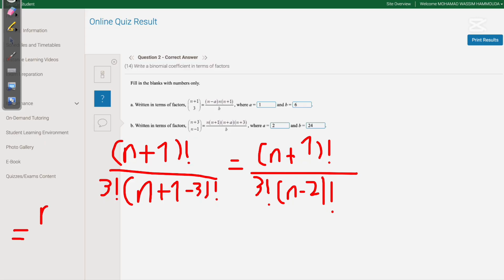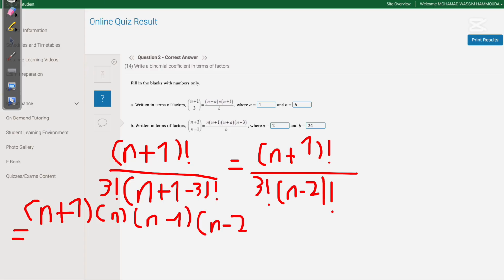So (n+1) times n times (n-1) times (n-2) factorial. You stop at the part where we reach the denominator.